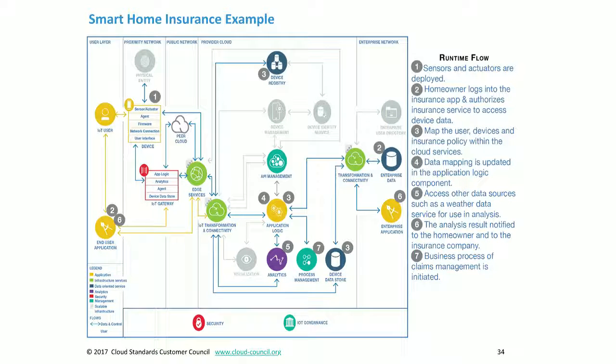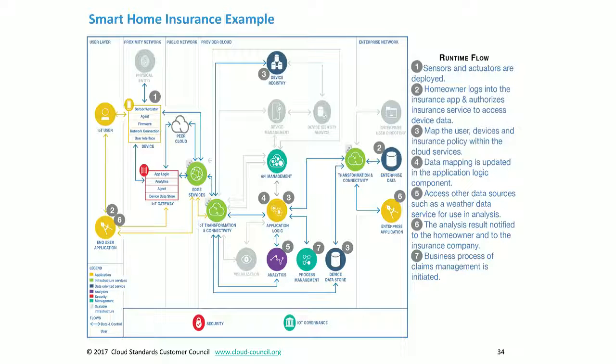So for example, some water leakage is detected, right? So you will have the first occurrence there, and then you can analyze that, oh, there's some moisture or one drop of water leaked, and then you can find out, is it leaking every 5 minutes, every hour, or how much is the frequency, and based on that, that analytics will run and find out whether an alert needs to be sent, and that's what that number 6 is, on the left side to the end user application, and right side to the insurance company enterprise application.